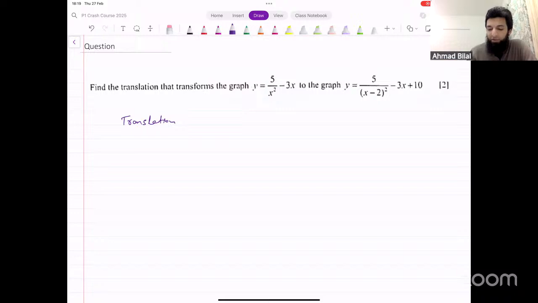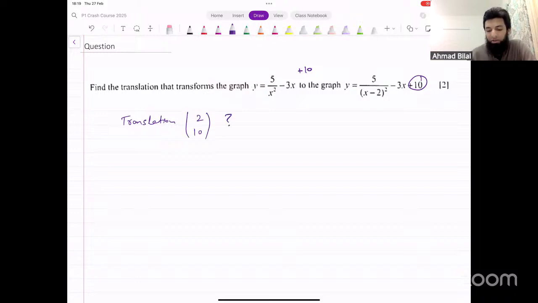So outside the function, we're adding 10, that's what it looks like, right? And then inside, instead of x, we have x minus 2. When we do -2, that means we're going 2 units to the right. So it should be (2, 10), right?